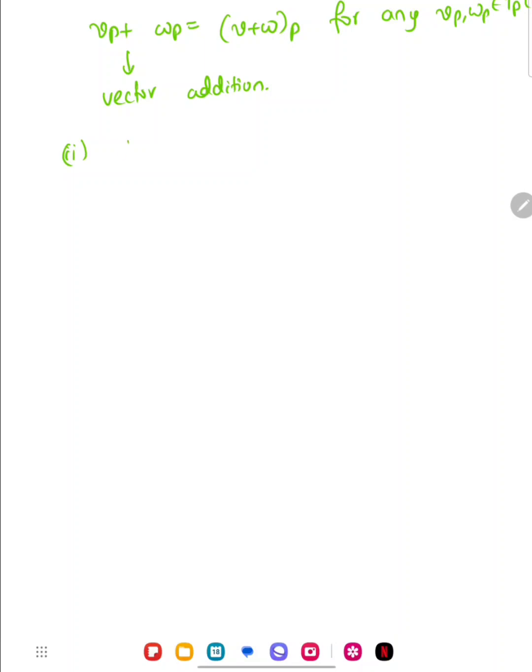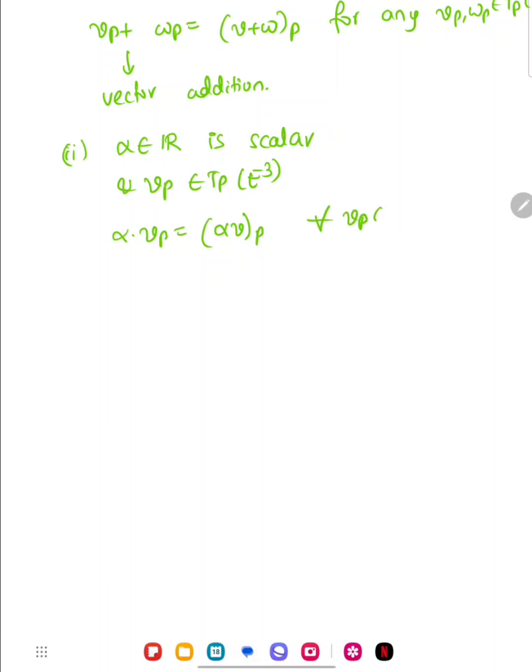Scalar multiplication: suppose alpha belongs to R is any scalar, and Vp is any tangent vector in Tp of E3, then the scalar multiplication of alpha to Vp is equal to (alpha V) at P. This holds for any tangent vector Vp belonging to Tp of E3.